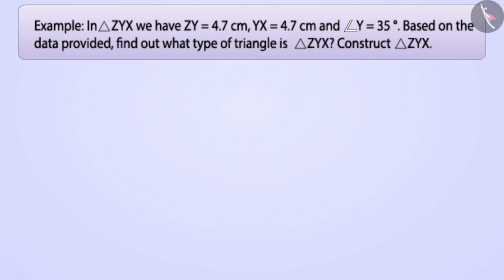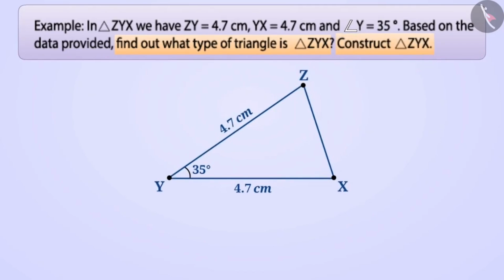Here, we know that ZY is equal to YX, but we do not know the length of the third side. We can say that triangle ZYX can be an isosceles triangle or an equilateral triangle.